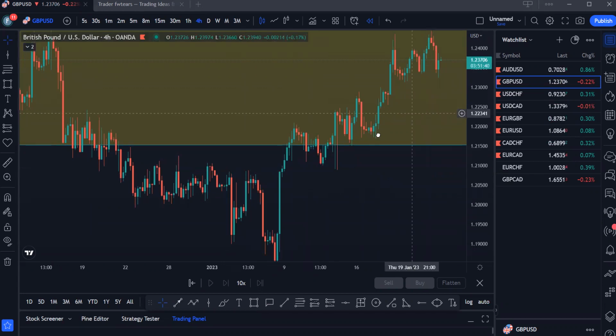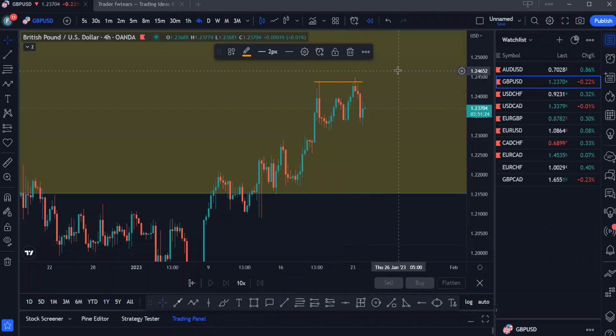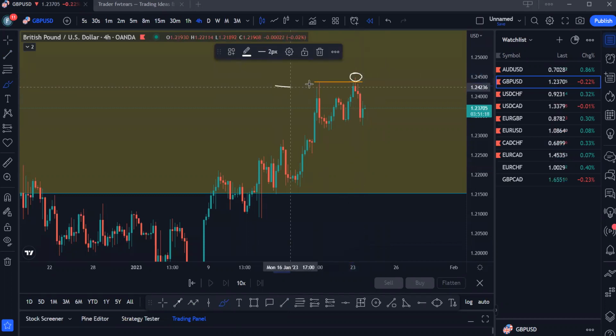So on the 4 hours, the structure right now on Euro USD is, so over here, you can see this high. Now, this high, you can see that this high is higher than this high.